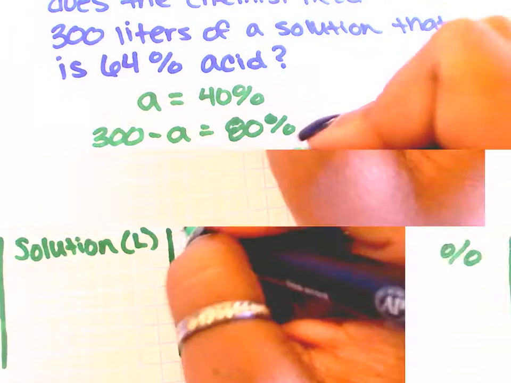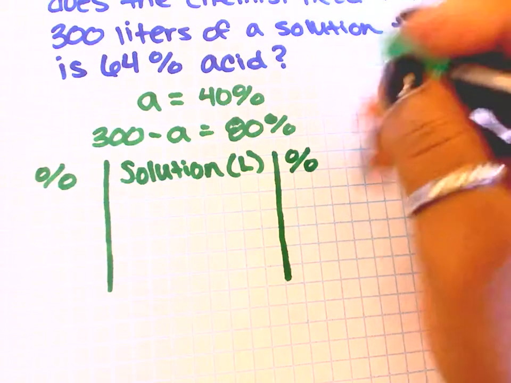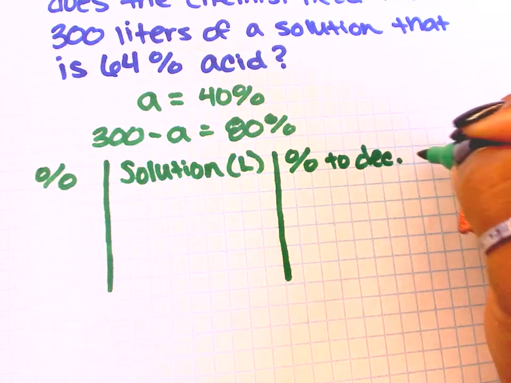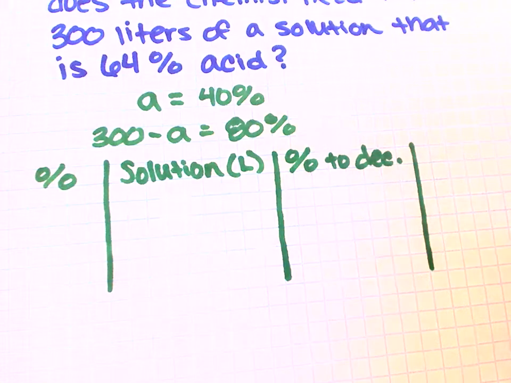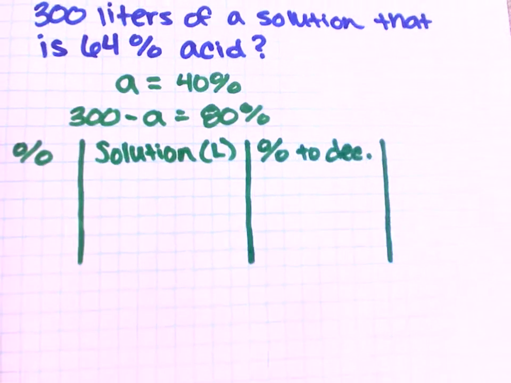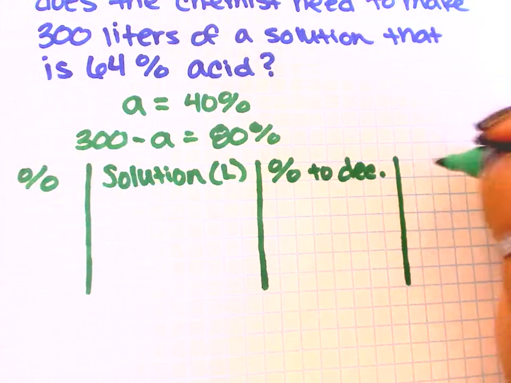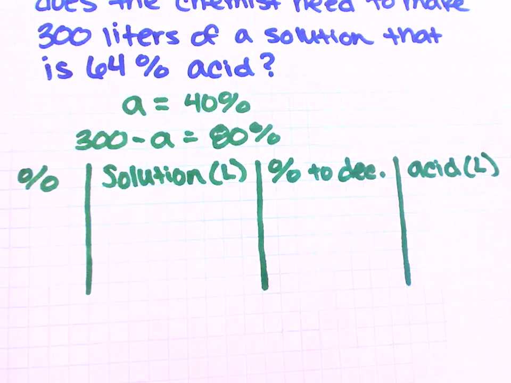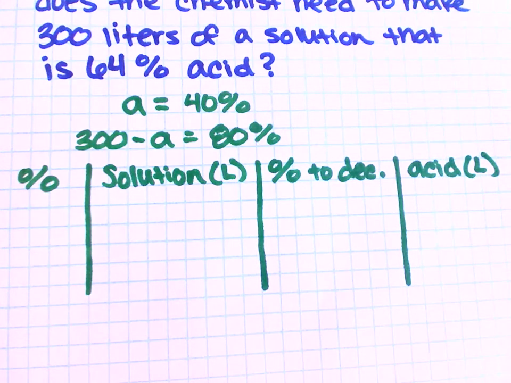I'm going to change my percent to a decimal. That was that anticipatory set. And then lastly, I'm going to figure out what my acid solution in liters will be. So percent, the solution, what it is as a decimal in percent, and then the acid.